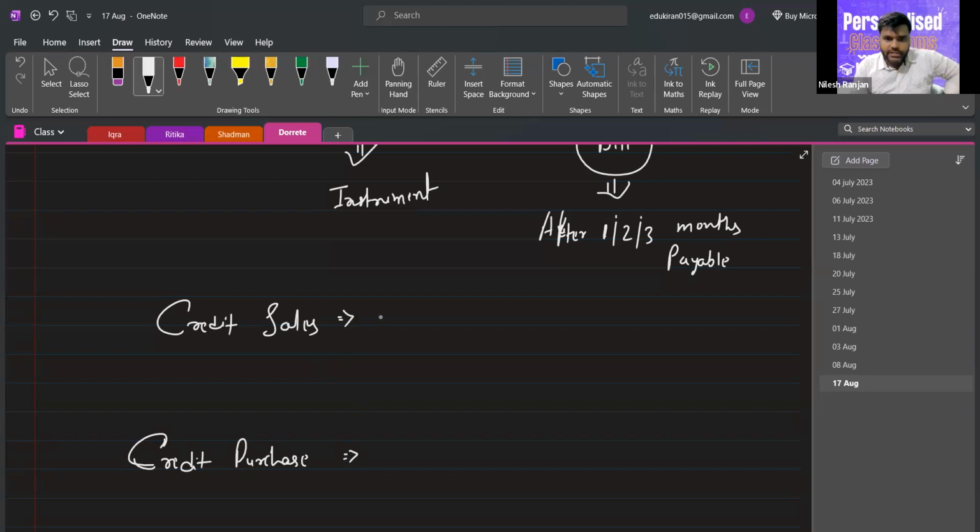Credit sale is done to the debtors, and in this case we have to receive money. Credit purchase is done with creditors, and in this case we have to pay money.